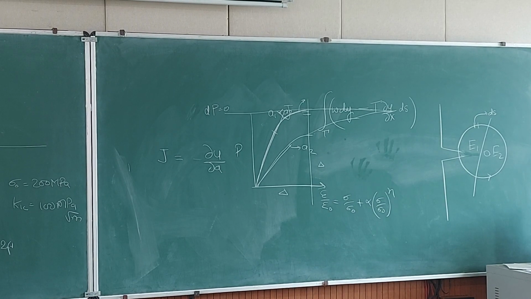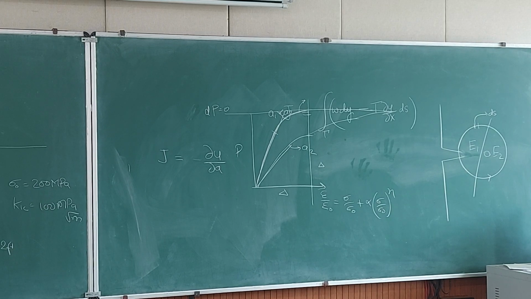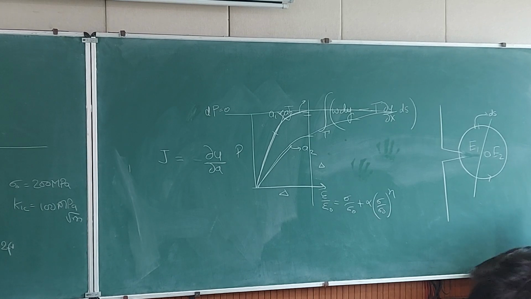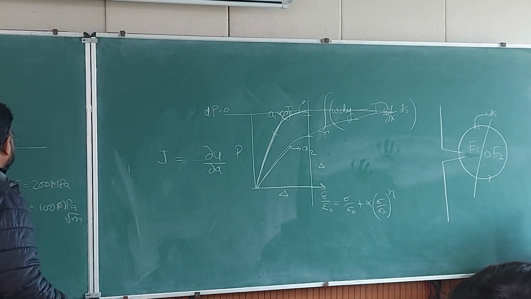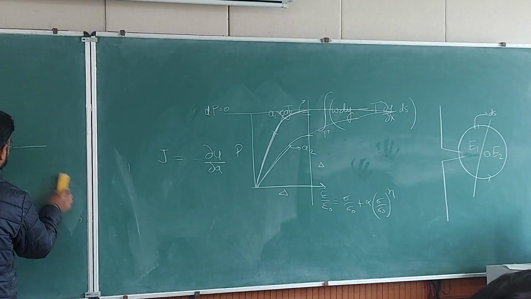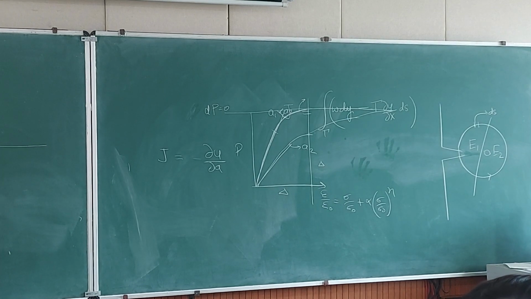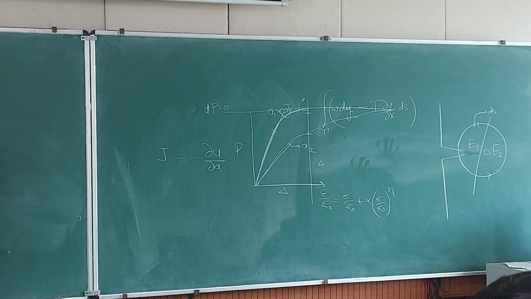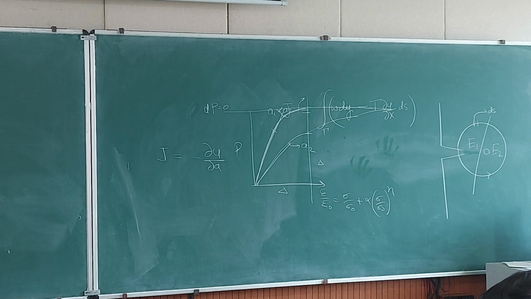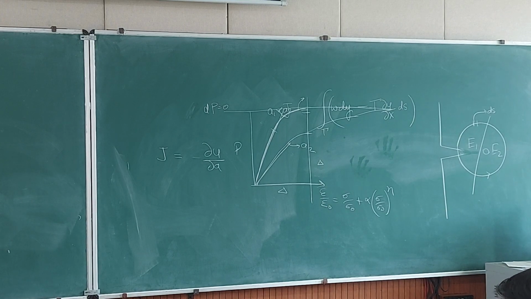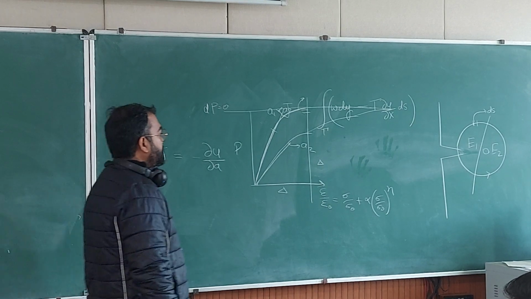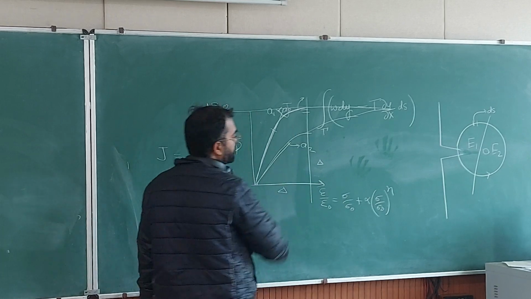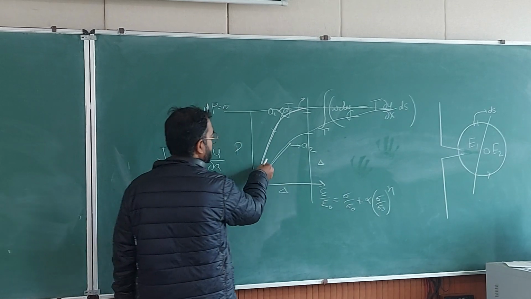By finding the area under the curve, isn't it? So you tell me then what will be the value? You will have two different values for load controlled and displacement controlled. Okay. So let us take displacement control and then tell me what will be this area.